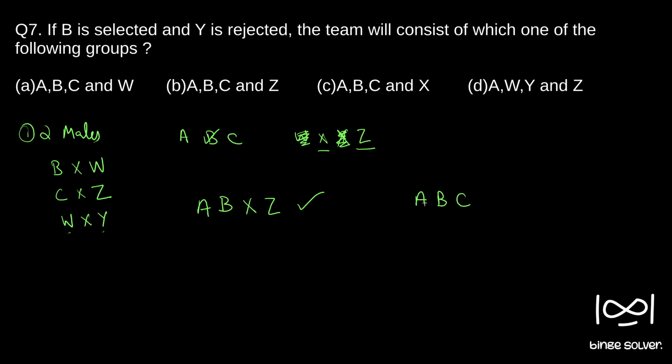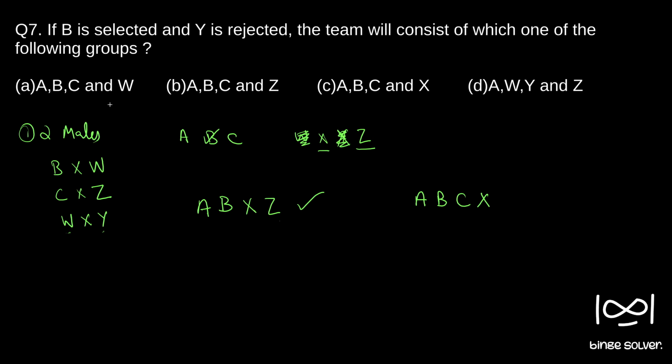Let's say we choose A, B, C, and we have to choose only one from the female group, X or Z. We know that B doesn't play with W, and C doesn't play with Z. So Z cannot be chosen, and X can be chosen. So A, B, C, X. So these two are possible combinations, A, B, C, X or A, B, X, Z.